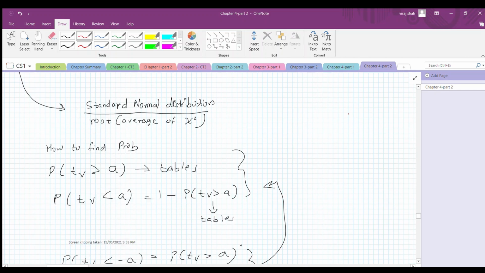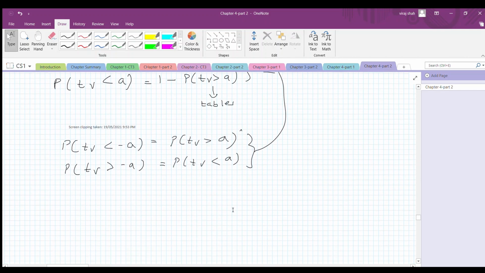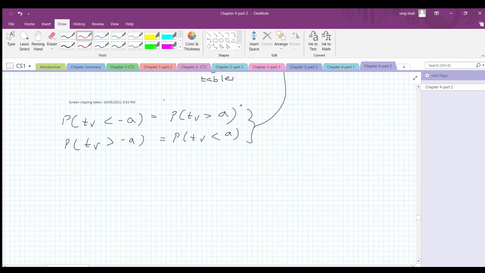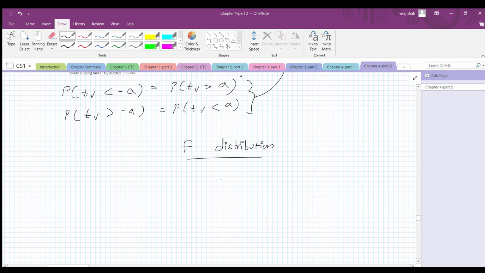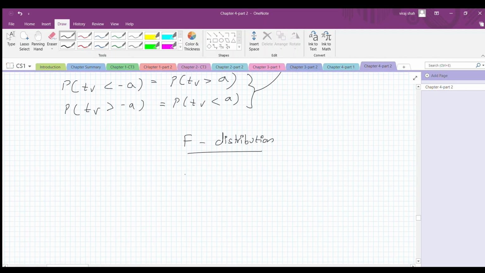Going ahead, writing the F distribution. Even here, you do not have to apply so much logic. You can directly see the formulas. What is the formula?